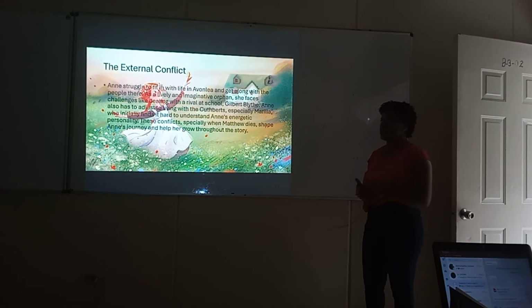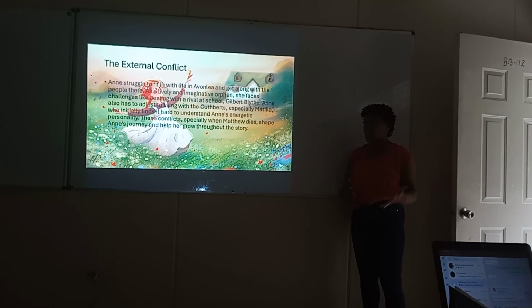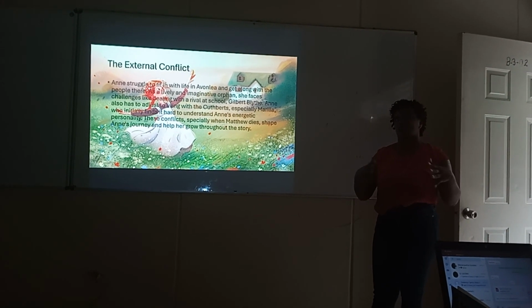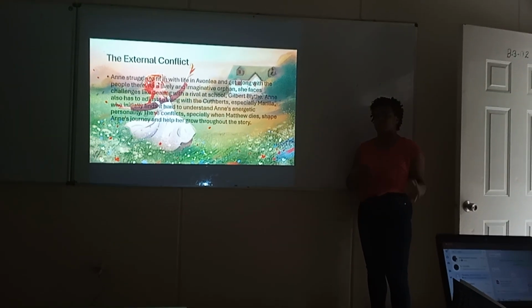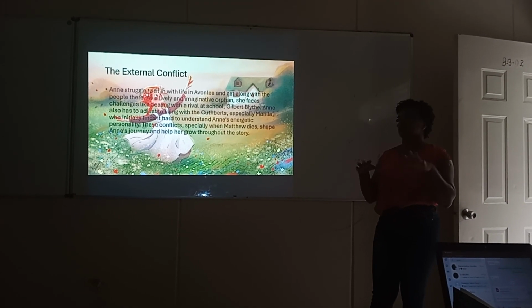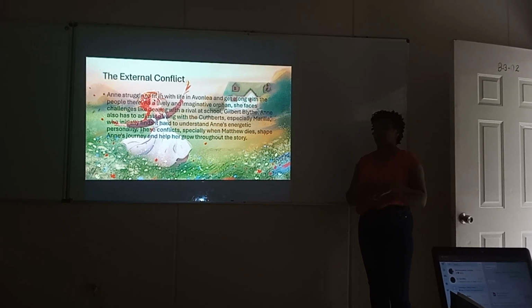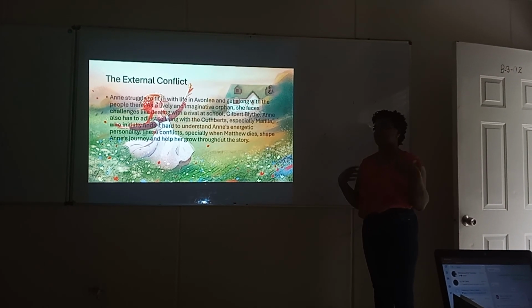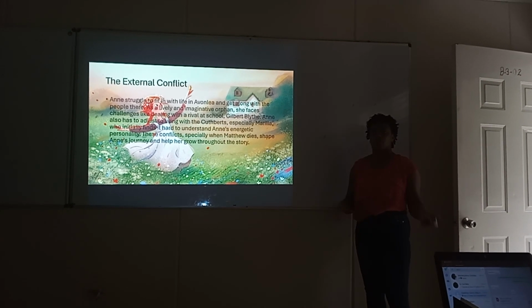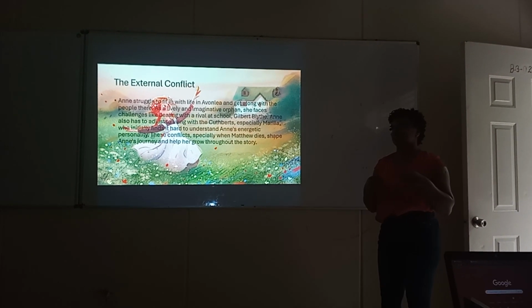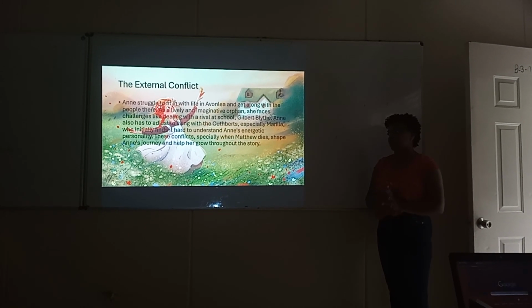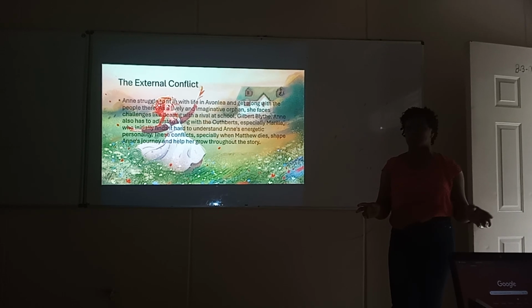Now, the external conflict is the struggle that she has with dealing with her new life, with the new people in her life, like Matthew and Marilla, and with Gilbert. These conflicts are hard, especially when Matthew dies. Matthew was the only person that accepted her from the beginning, so that's really hard for her, especially at that moment. But it shapes Anne's journey and helps her grow throughout the story.